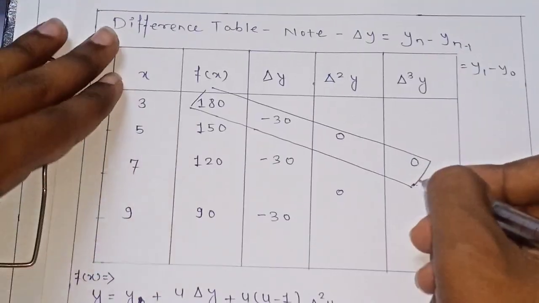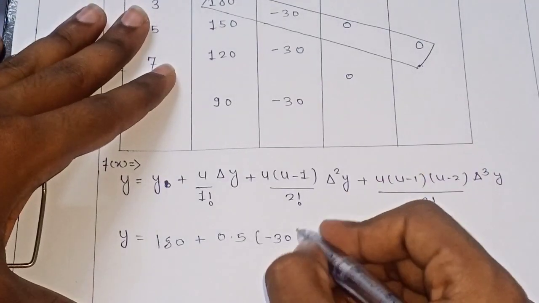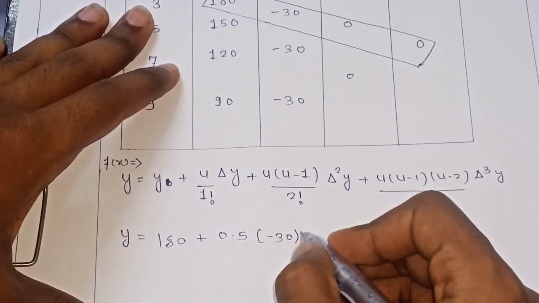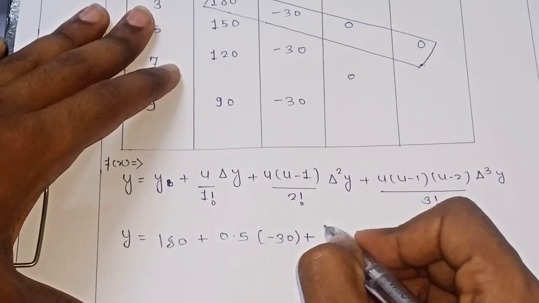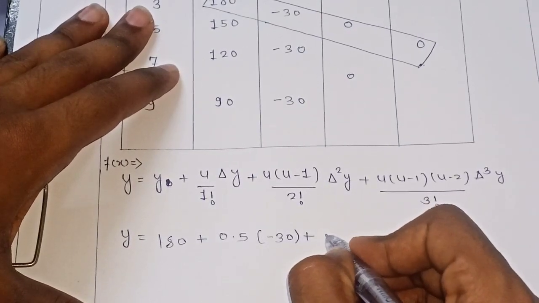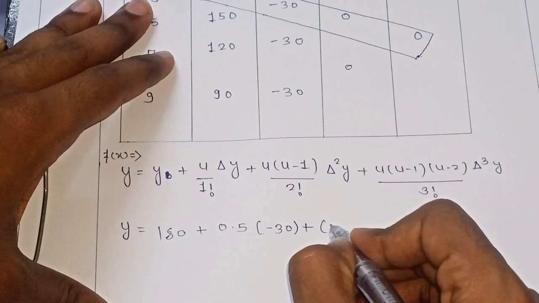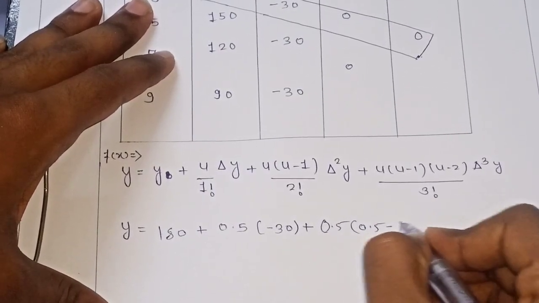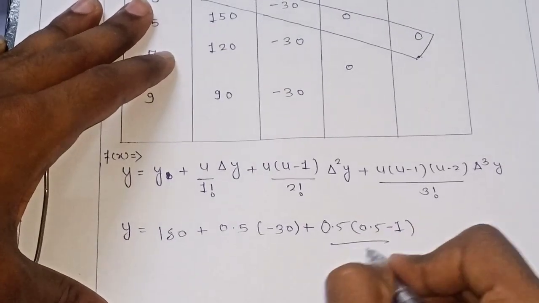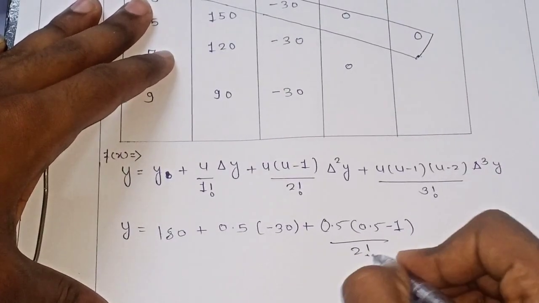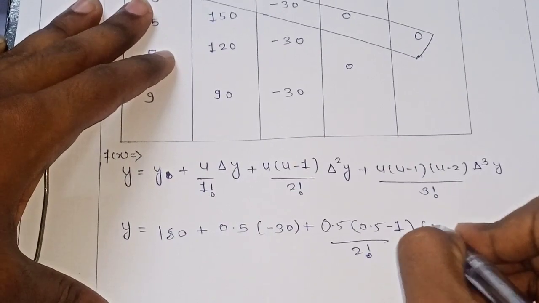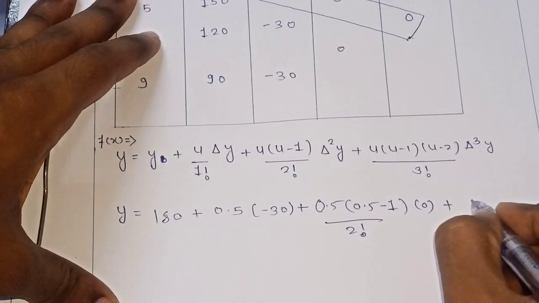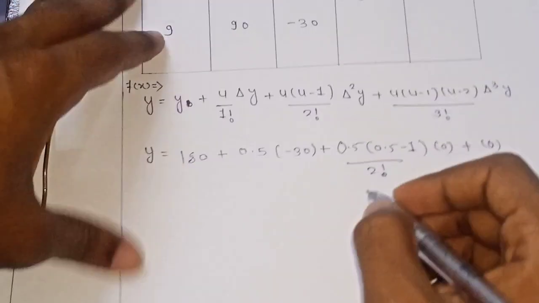Now we are just going to substitute the values of the first order difference and second order difference and the values of u. Here 0.5 into 0.5 minus 1 divided by 2 factorial. It is simply 0. The whole term becomes 0. Here it will also become 0.